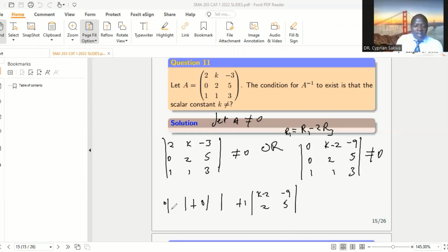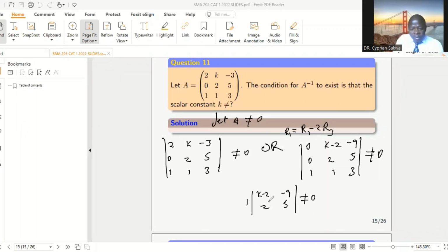The other ones are not important because this will be 0. Because I multiply by 0, multiply by 0. So the rest here will be 0. Let me just delete it. They're not important. I only put them here to show you that I'm doing it along the first column. Otherwise, they're not important. So there was a 1 here. And this should not be equal to 0.